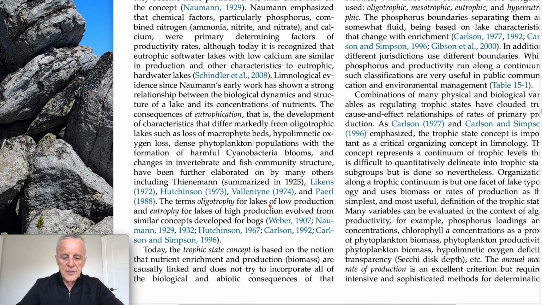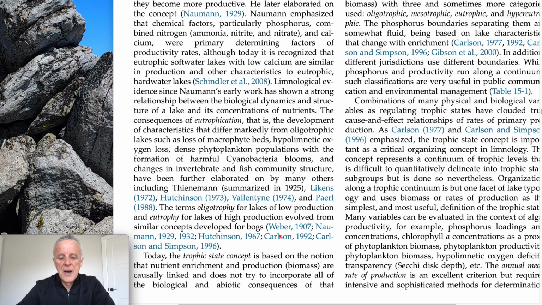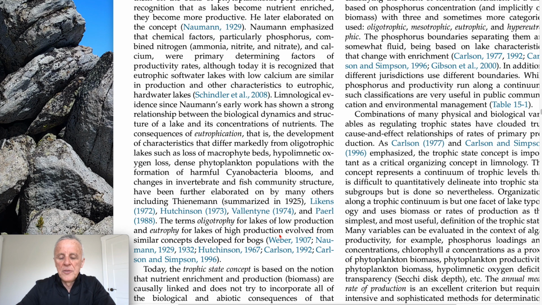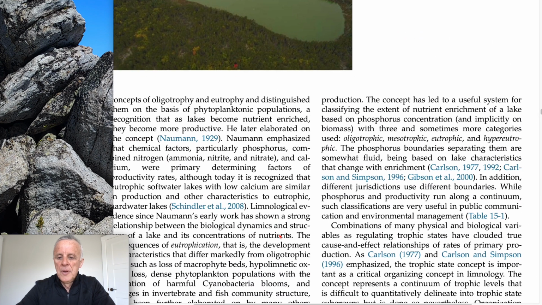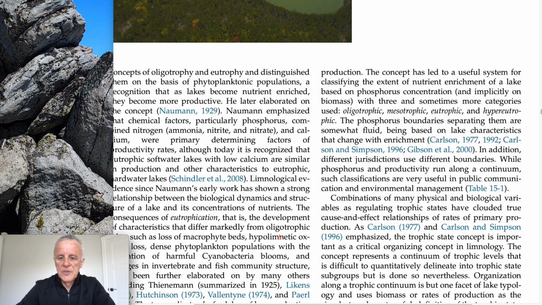Today, the trophic state concept is based on the notion that nutrient enrichment and production biomass are causally linked and does not try to incorporate all of the biological and abiotic consequences of that production. The concept has led to a useful system for classifying the extent of nutrient enrichment of a lake based on phosphorus concentration, with 3 and sometimes more categories used: oligotrophic, mesotrophic, eutrophic, and hypereutrophic.